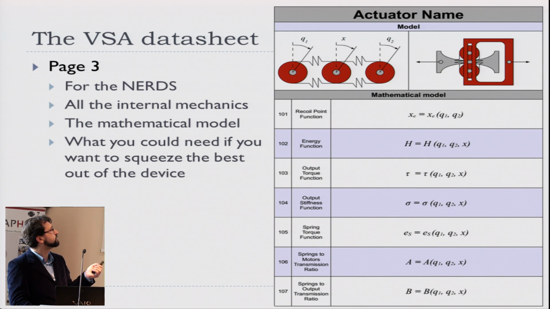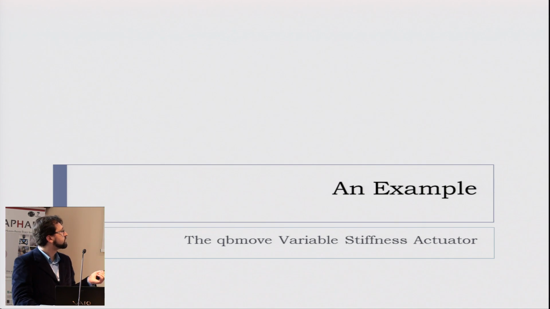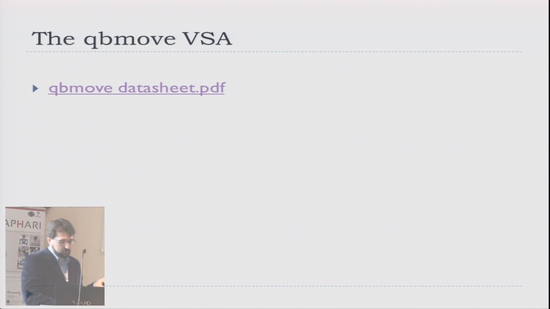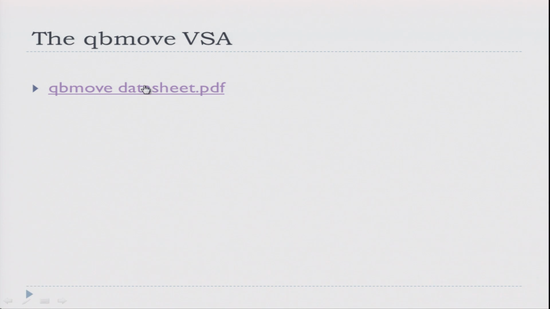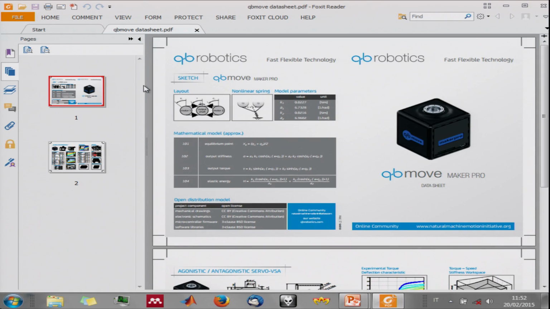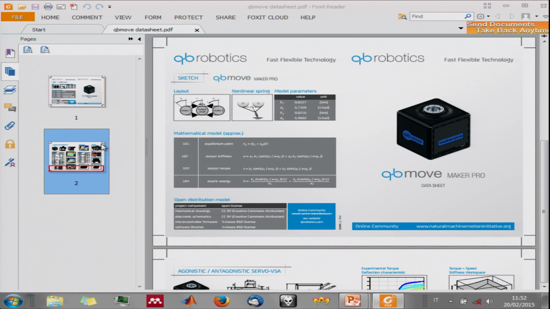For example, here you have one of the motor, the other motor, and the output, and then also the principle on which the springs work. And then you have all the functions that you need to formalize your system and put it into operation. As an example, we are going to see the QBMove datasheet, which is the system that we are using later. So let's give it a look.